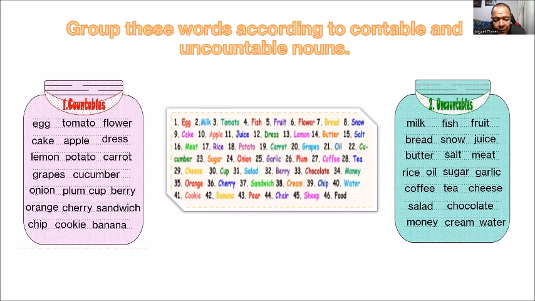Number 43, pear, countable. Number 44, chair, countable. Number 45, sheep, countable. Number 46, food, uncountable.